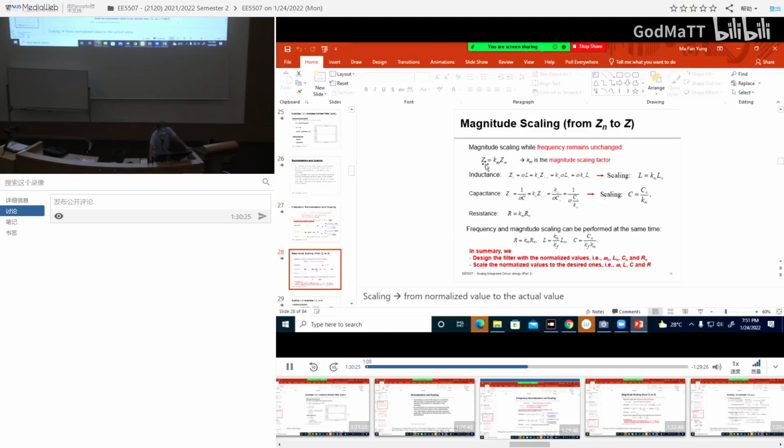So impedance Z is equal to the magnitude scaling factor Km times the normalized impedance Zn. Once again, for an inductance, ZL equals omega L, and we transform it to a magnitude scaled Ln. We can do it for inductance, for capacitance, and because we are scaling magnitude, we can also scale it for resistance.